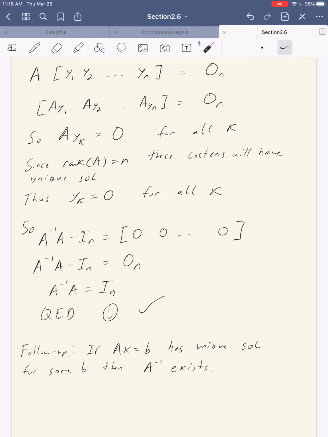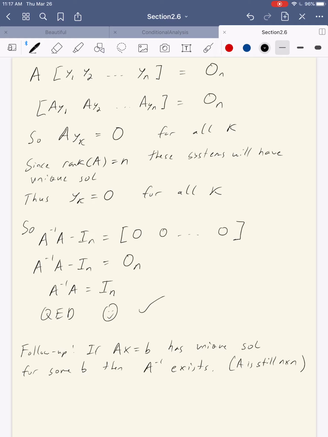As a quick follow-up, this is just saying that as long as one system has a unique solution, then automatically A inverse exists. And this basically just uses the previous theorem. All this is saying is that if one system for some B has a unique solution, then you automatically know the rank is n, and then you automatically know that if the rank is n, well, then A inverse exists. And of course, A is still n by n.